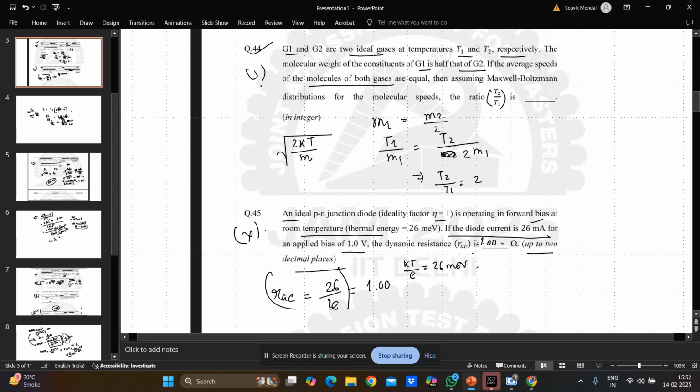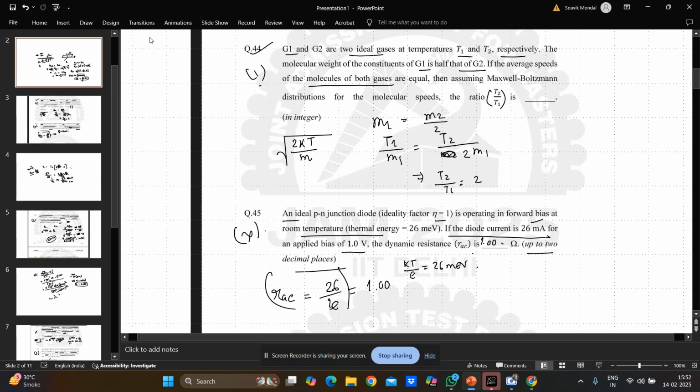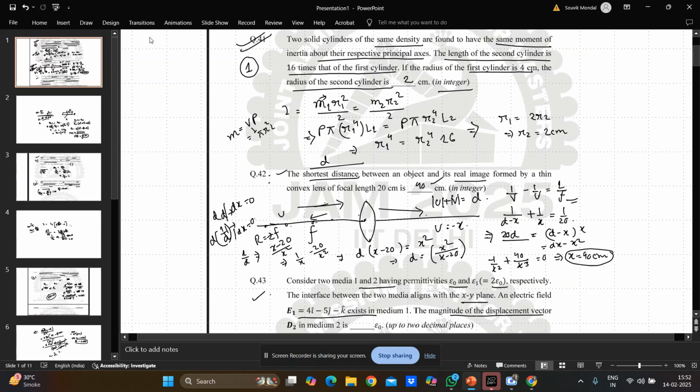This is a sure shot 1 mark. This is 44, and 41 you should also answer, and 43 you should also answer. So you should get a minimum of 5 marks in this part. Okay, so this is the part 1 solution of the NAT part 1 marks questions, and I will eventually come with other solutions. Okay, thank you.